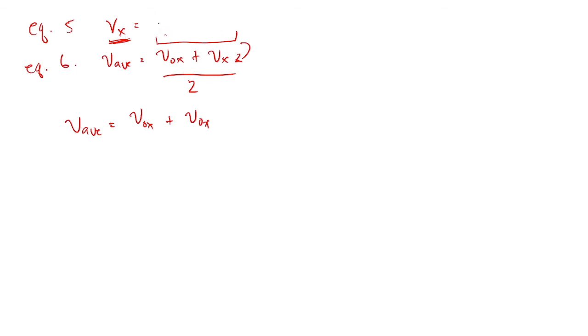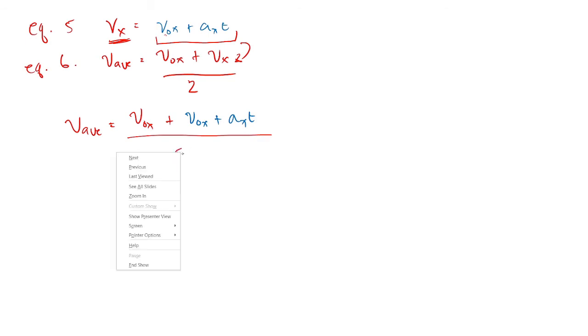So, we have here our v naught x plus our axt. So, we will have here our v naught x plus axt all over 2.